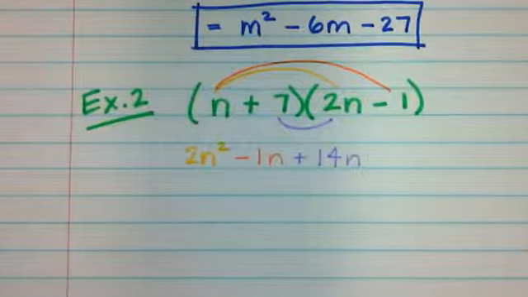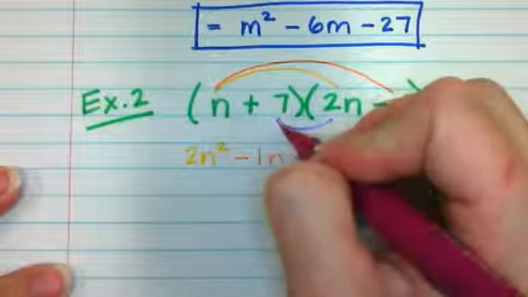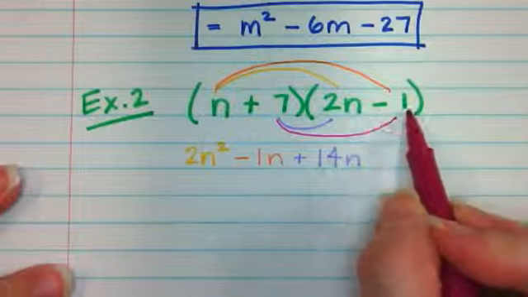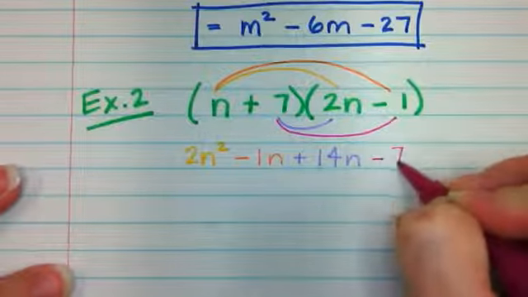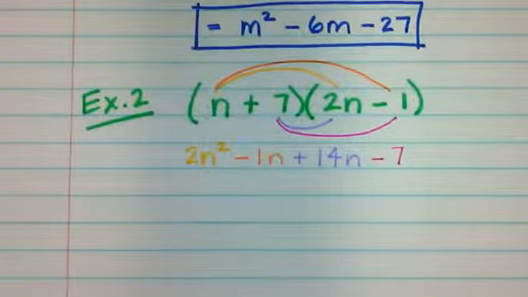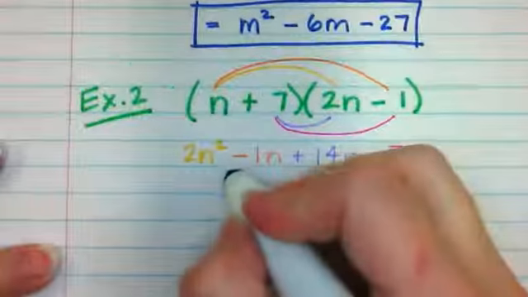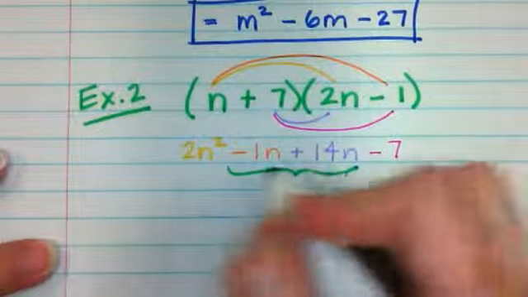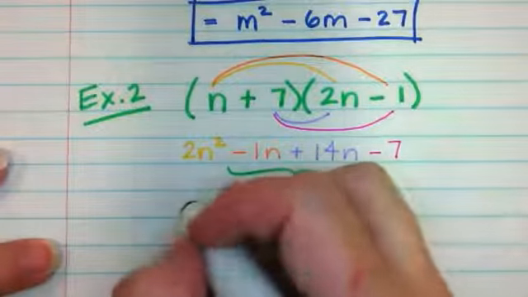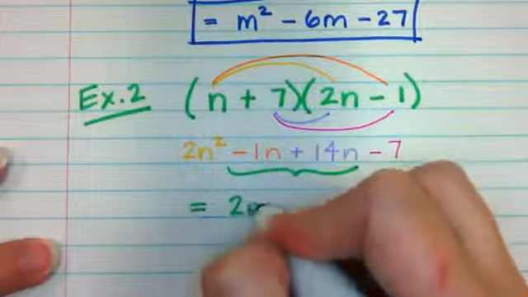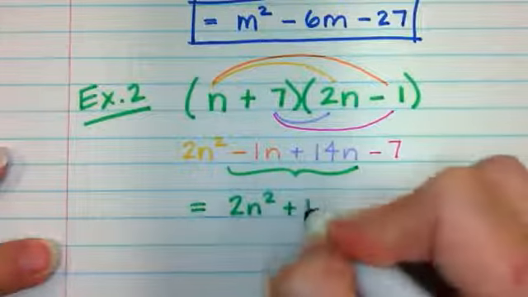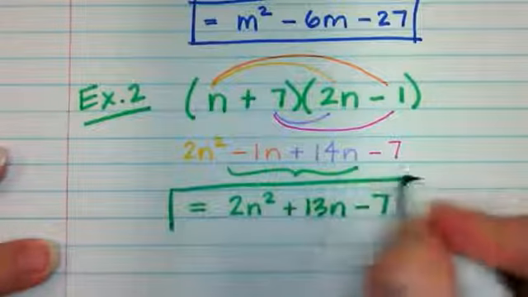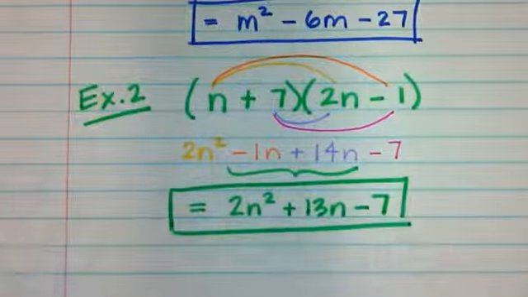Then our last step in FOIL is to multiply the last terms together, which would be positive 7 times negative 1, which would be negative 7. Like we said earlier, the inside and outside terms are like terms. So if we simplify, we get 2n squared plus 13n minus 7. And that is our solution.